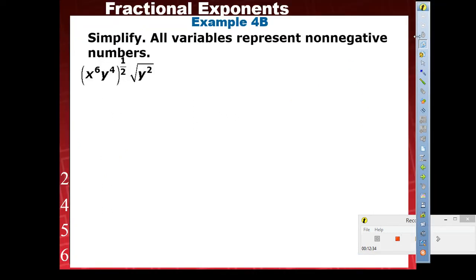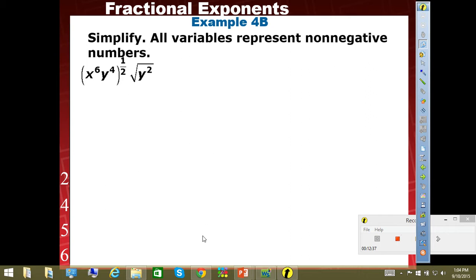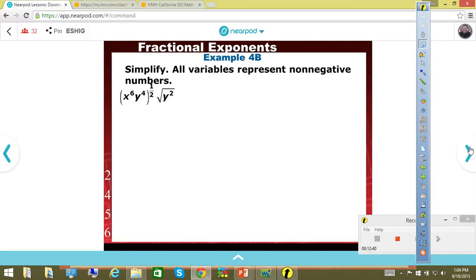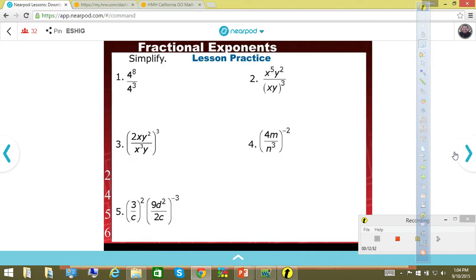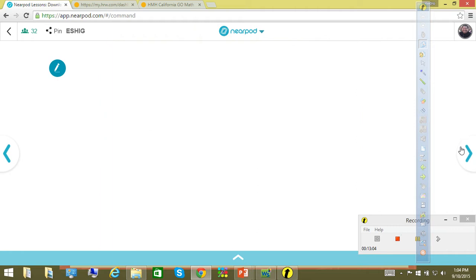Let me get a Nearpod. Okay, so you got here 5 different ones to see how you do with those. I'm going to push those to your screen on the iPad, so lock the toolbar when it appears.